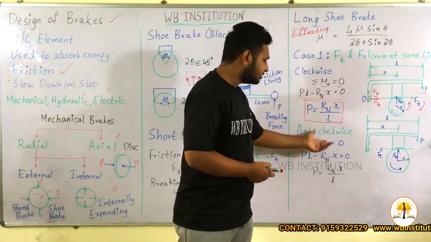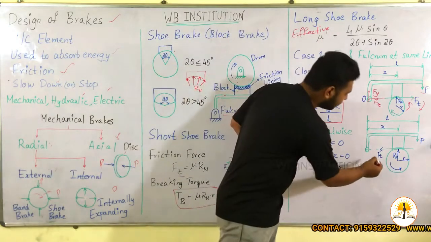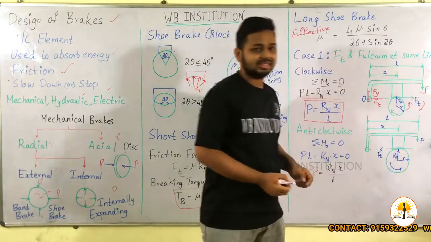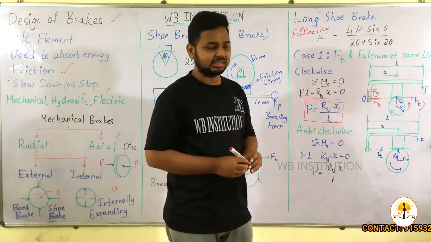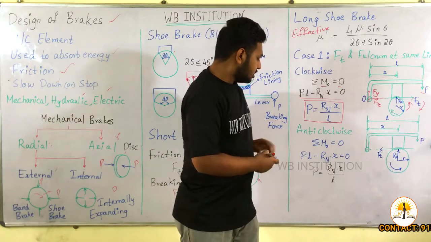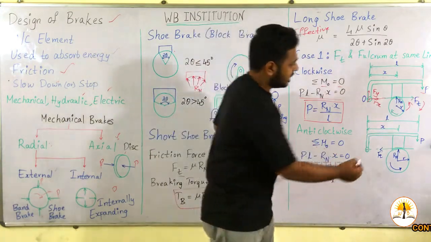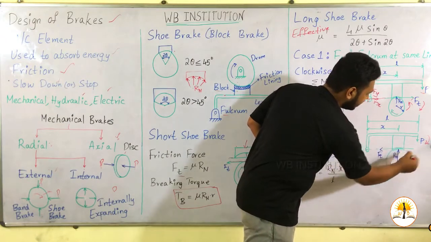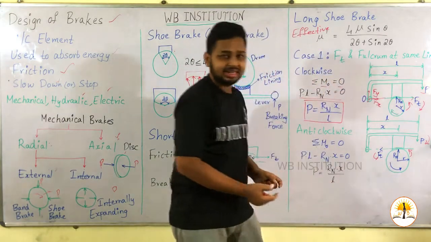Coming to anti-clockwise rotation of the drum, it is also in the same conditions, but the frictional forces will be acting in the opposite direction, since the drum is rotating in the anti-clockwise direction. Now the sum of moments sigma MO equal to 0. So here P is clockwise direction, Rn is anti-clockwise direction and Ft is also anti-clockwise direction.